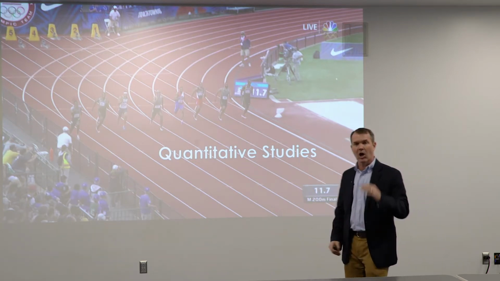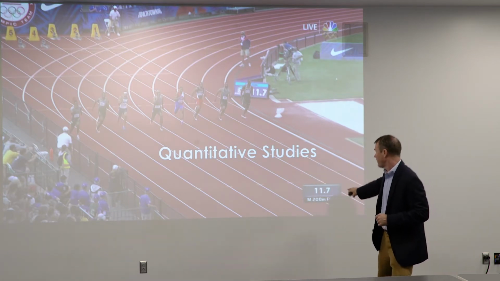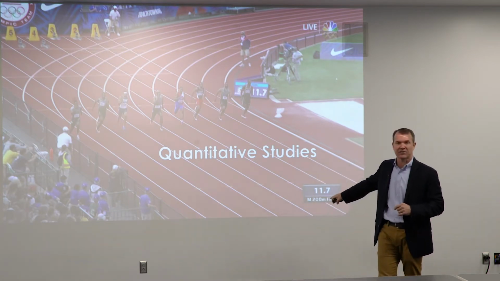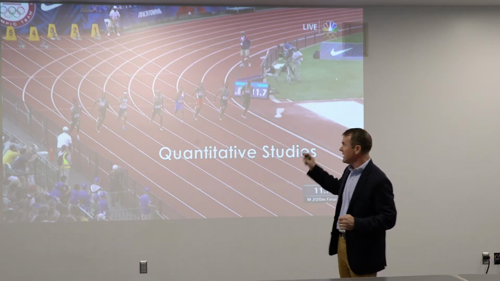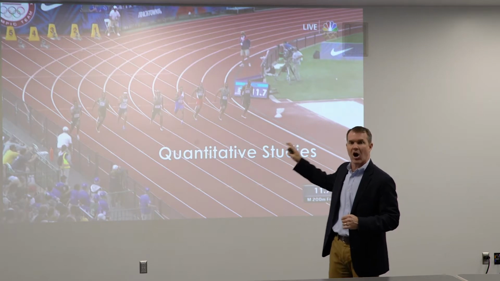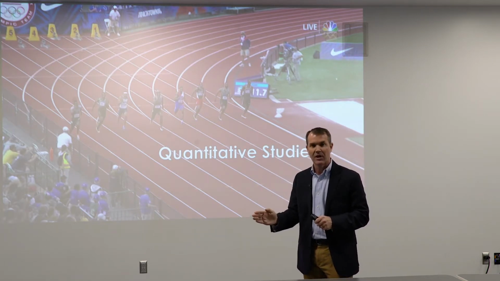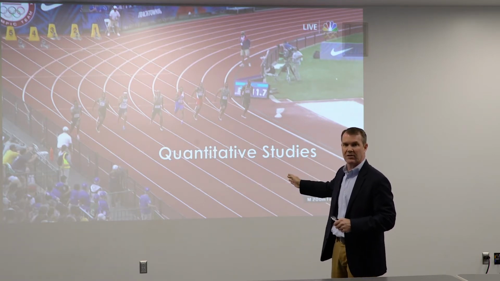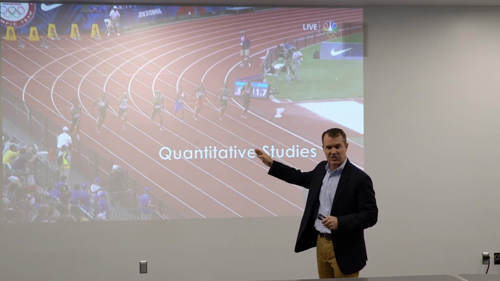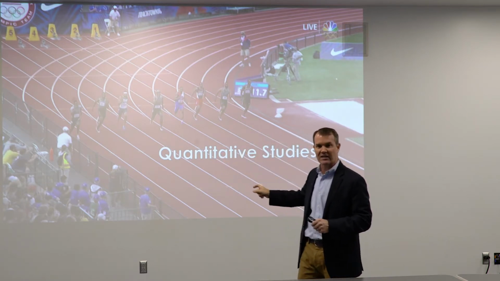Quantitative studies are measurable. In other words, this is the 200-meter final in the last Olympics. We know that this is 2020 Olympic year in Tokyo. And in a quantitative study, all of these runners begin at the exact same time. All of these runners will also finish 200 meters in. We can tell in each lane how long it took each participant to cover that distance.